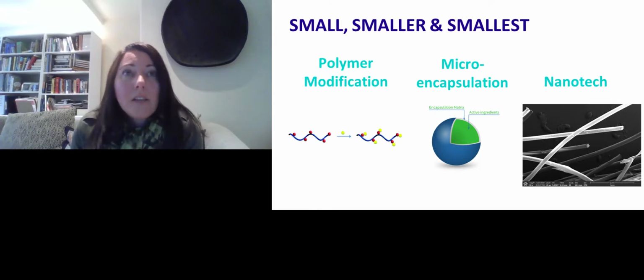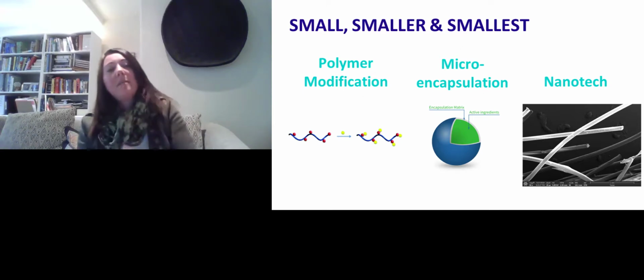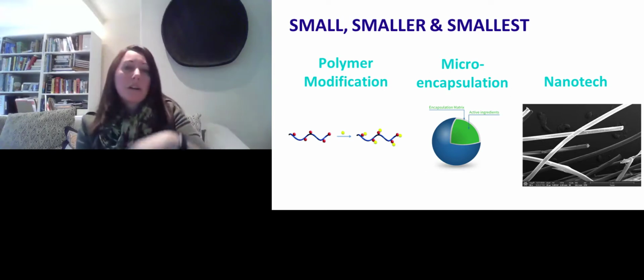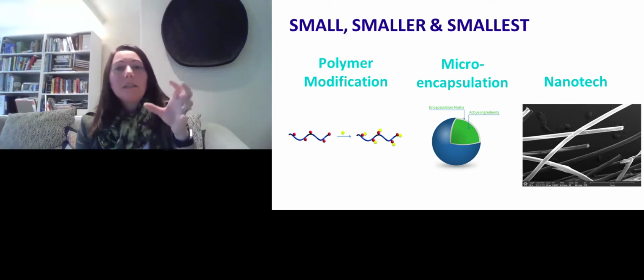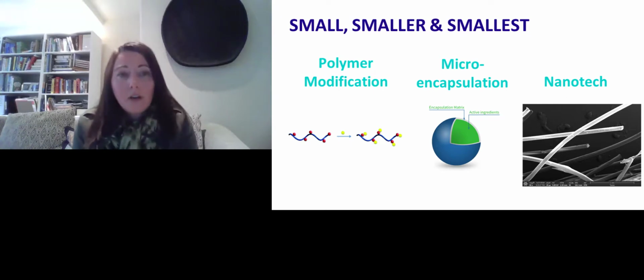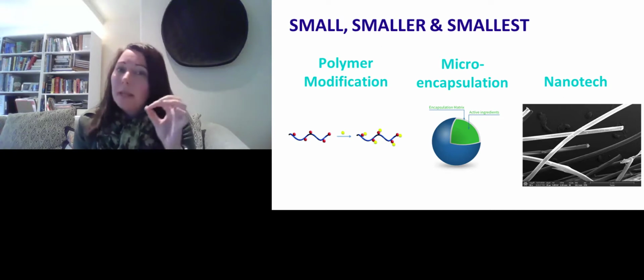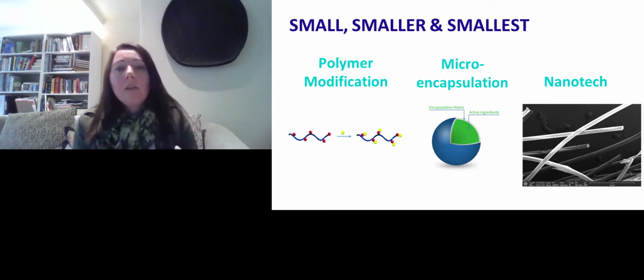You can think about it as a straw, where the straw is the outside of the fiber, and you're trying to pour different pieces into that straw. When you modify a polymer, you can break it down into mini rocks. You can also put it in as an encapsulation. The best option is using nanotechnology.